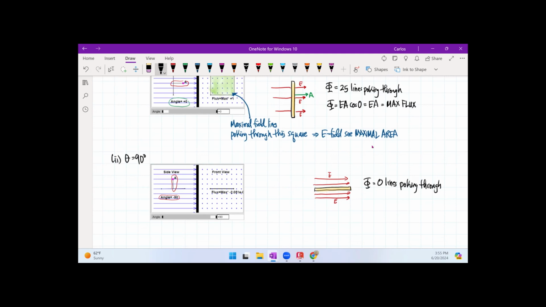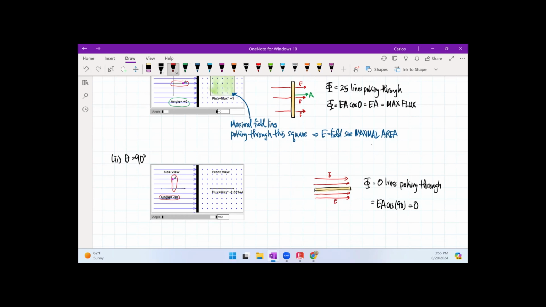So according to this, the flux is really EA times cosine of 90 degrees, which of course is 0. So I get 0 flux. So nothing is going through that rectangle.